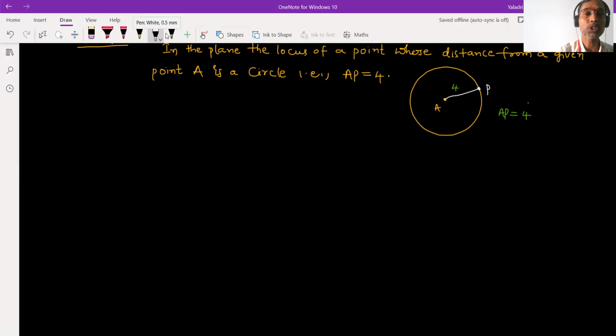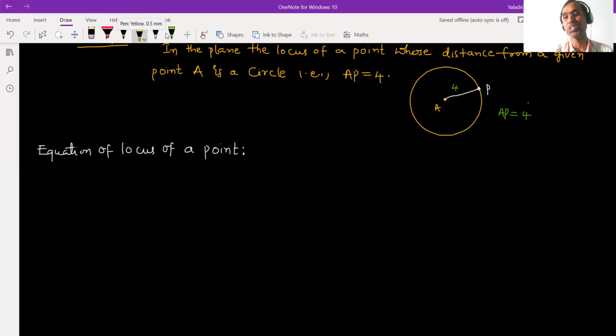The equation of locus of a point. This is completely an algebraic equation. That means whatever the equation of a locus of a point is, it is always an algebraic equation.